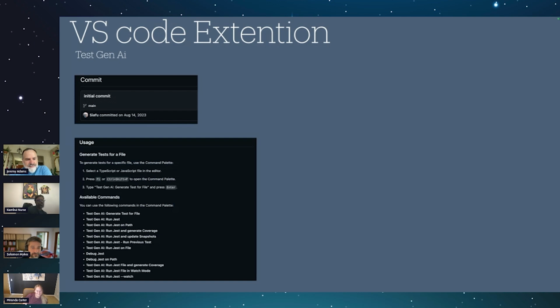Now, the extension was, in essence, a solution that would use AI to generate unit tests for developers, for their code. A unit test is code that you write to ensure that the code you've written to implement a feature actually works.